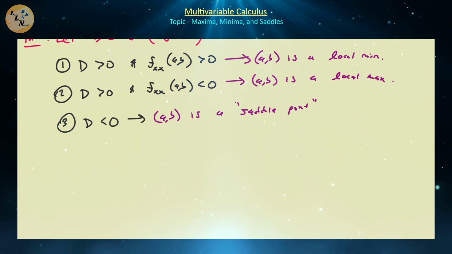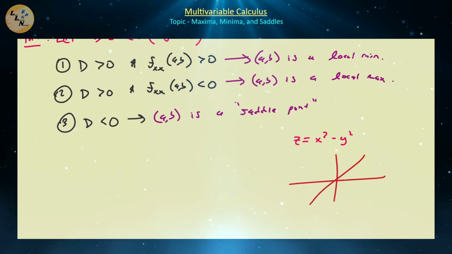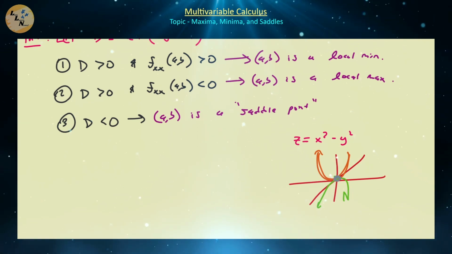In case you don't remember what a saddle point is, for example, z equals x squared minus y squared is probably the most infamous example. That's where we had a minimum in one direction and a maximum in the other direction, in particular at the point (0, 0). You can generate the surfaces in MATLAB to get an idea of what a saddle point looks like.